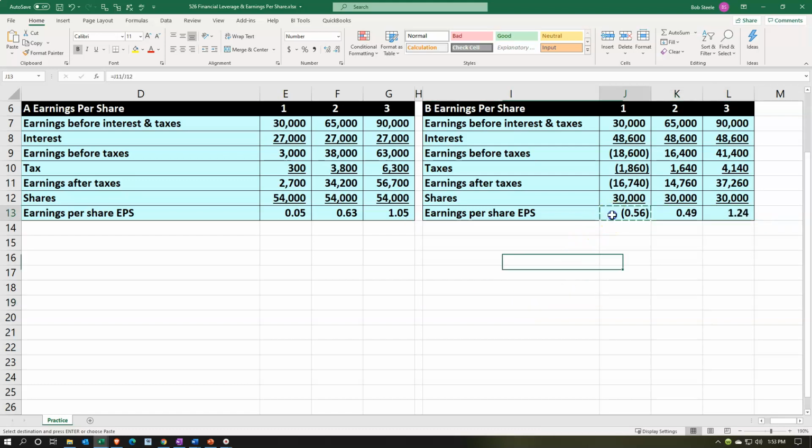So now, of course, when we have lesser income, so our income was low, well, we have a loss here. That's going to obviously result in a negative earnings per share. As the income goes up, then now we have the 0.49 versus the 0.63. And then as the income goes up here, keeps on increasing, you can see that now we actually have an earnings per share that's higher as the income increases.